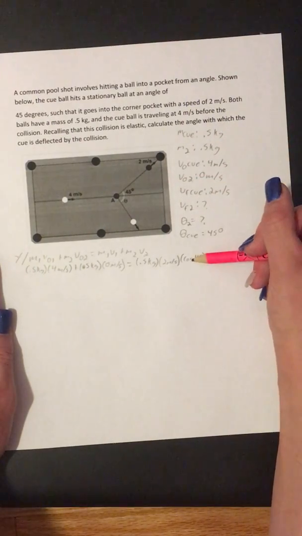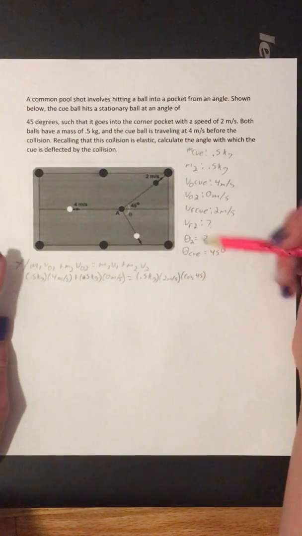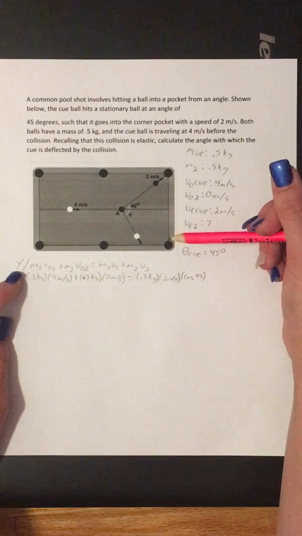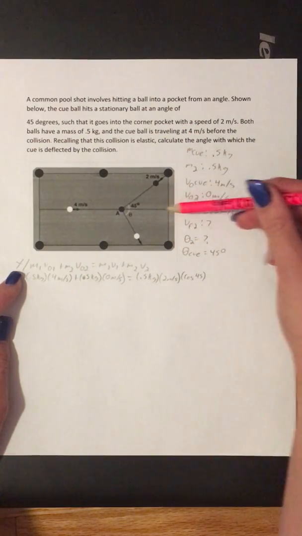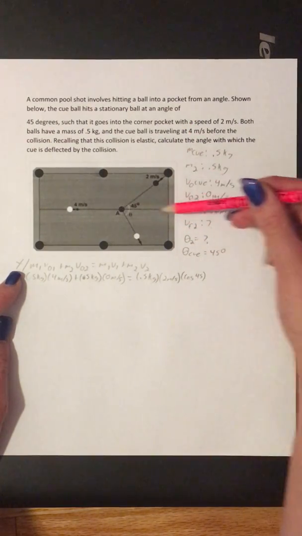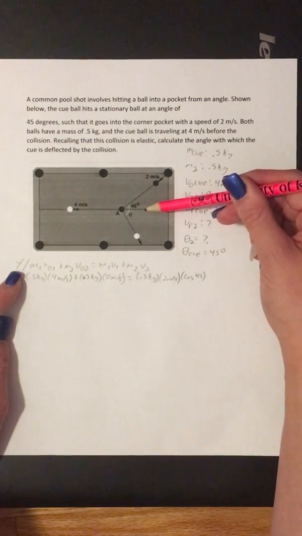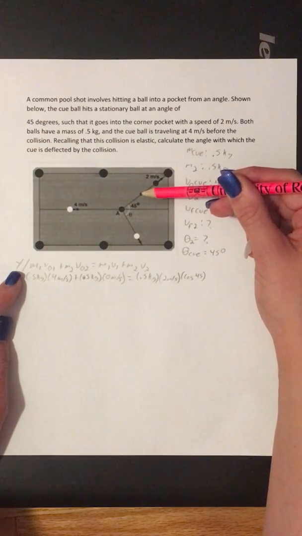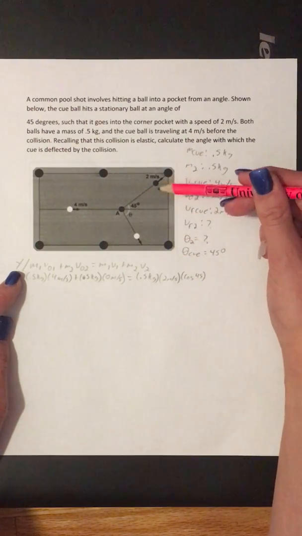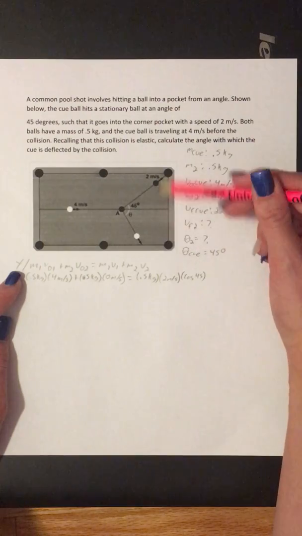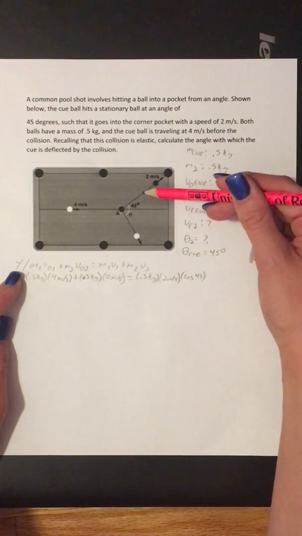And now we use cos because when we are using x, that is going in this direction here. So we have to use adjacent over hypotenuse, which is cos. Because we are not using opposite, we cannot use sin. We have to use cos.